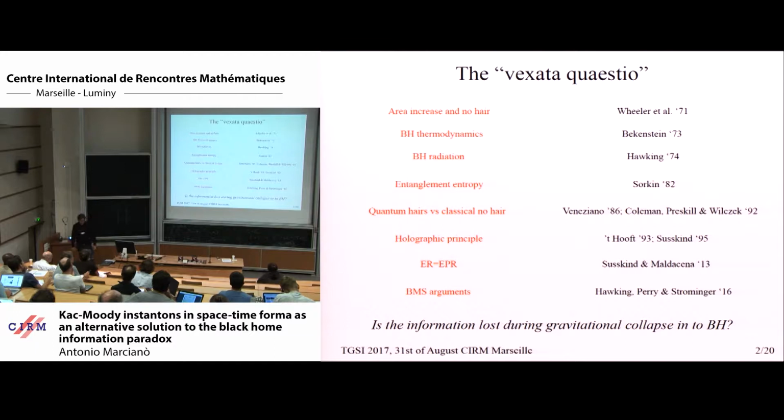And this allowed for a slight change in the paradigm concerning the information loss problem for black holes. So, later again in '93 and '95, 't Hooft and then in various work Susskind introduced the holographic principle, which is very much intertwined here with this information loss paradox.